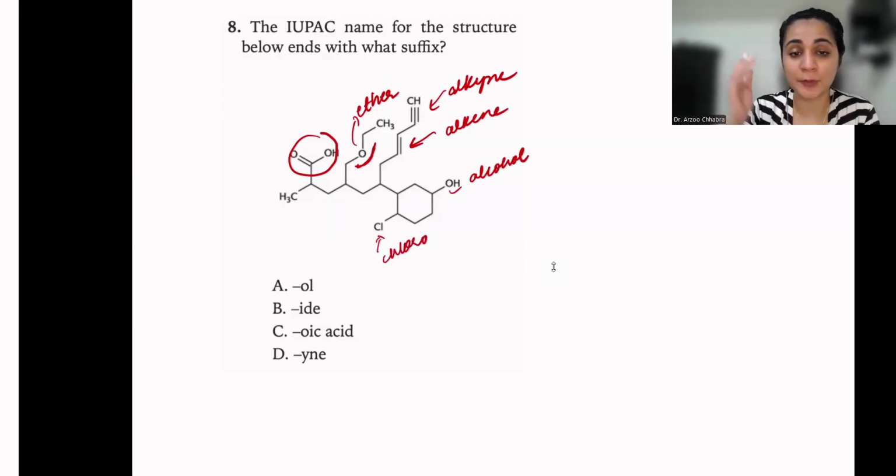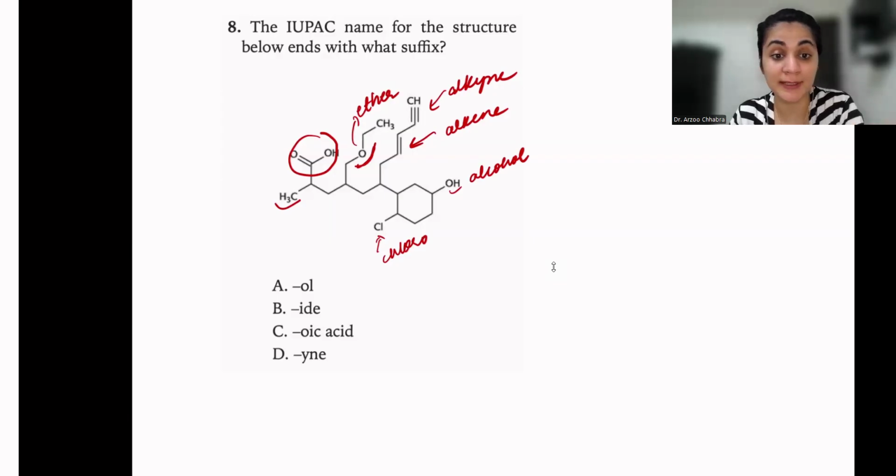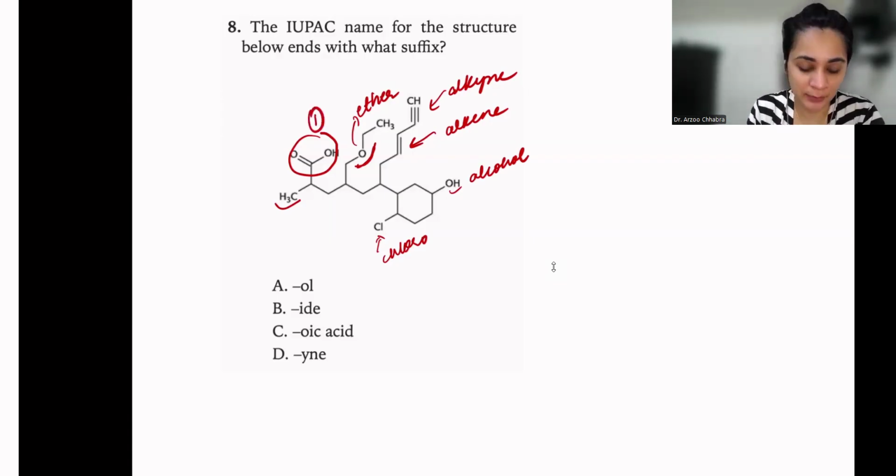This is just an alkane methyl group. All of these are much later, except that alcohol or carboxylic acid is a lot higher. It's actually the first one, so that would get number 1. That is going to be in the parent chain as a suffix. So oic acid is the correct answer.